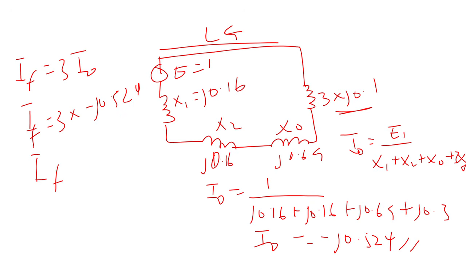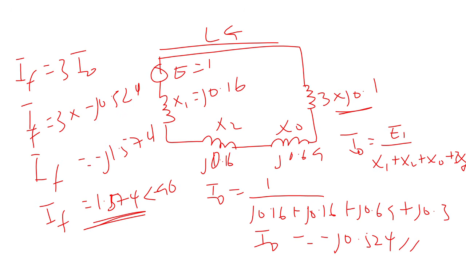And I'm going to get the fault current to be minus j1.574. And in terms of magnitude, it's going to be 1.574 angle minus 90. This is the magnitude of the fault current in case it's a line to ground fault. Same calculation, simple steps.